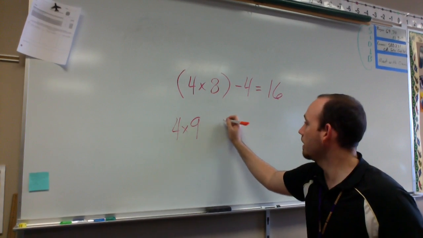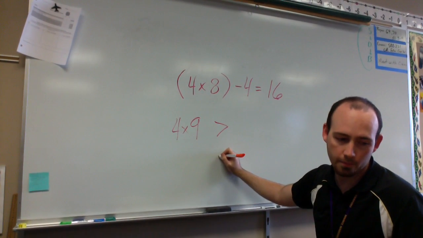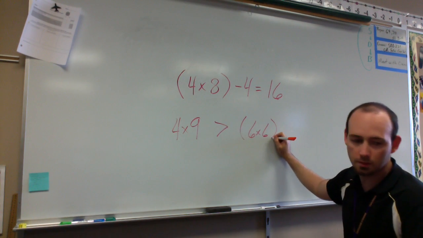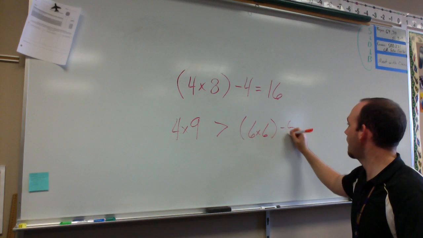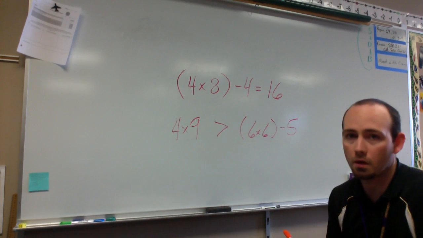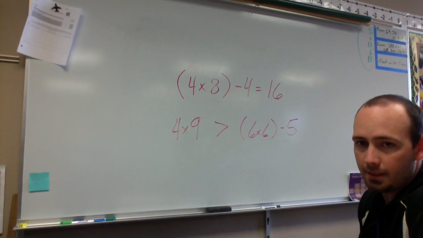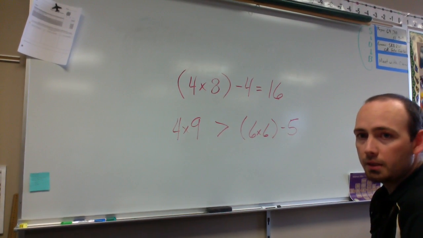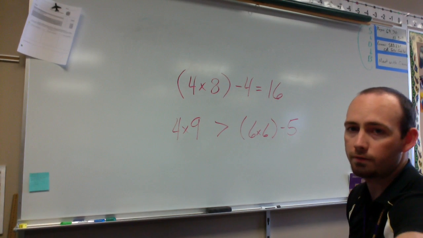I'm going to throw in a greater than sign. And then in parentheses, 6 times 6 and minus 5. So I'm going to pause it so that you can see these. I want you to try to solve both sides. Do the parentheses first. Determine if they are true or if they are false.